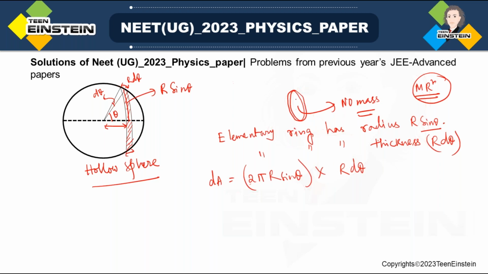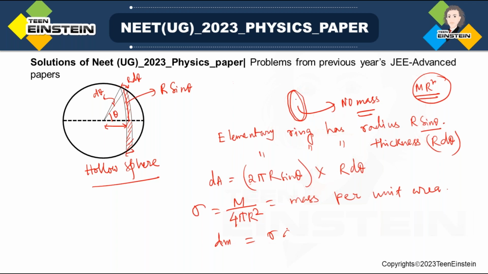And what is the mass? I need to find the mass per unit area of the given sphere, that is m by 4 pi r square. Once we write mass per unit area and multiply it with the elementary area of the ring considered here, we get the elementary mass of the ring.